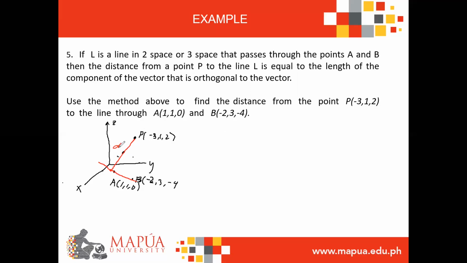So we're going to find that distance. Okay, so from what we have here now, let's have AP denote as our U, or I should say this is the distance.